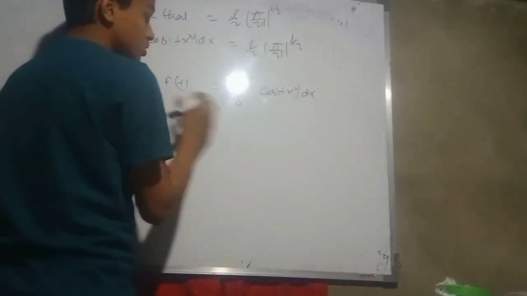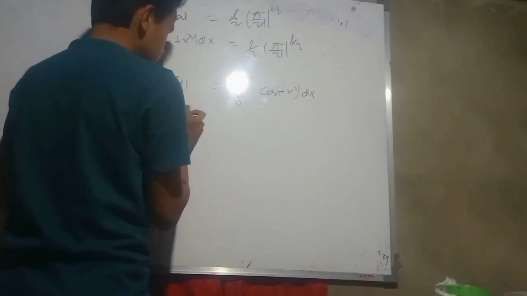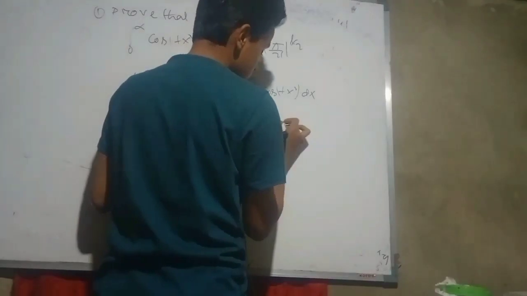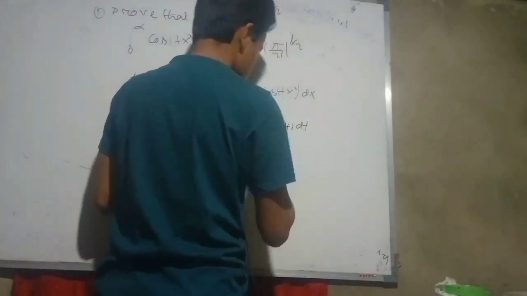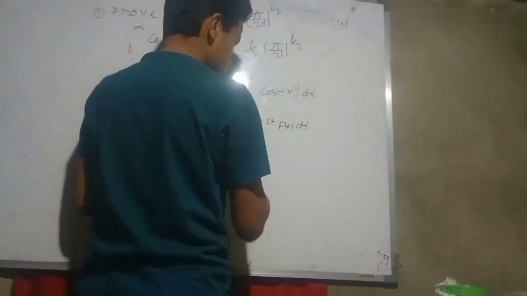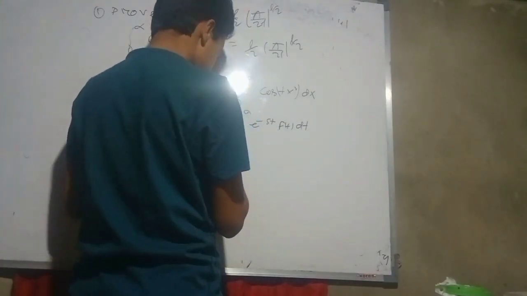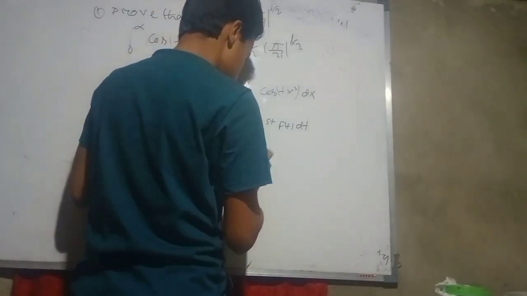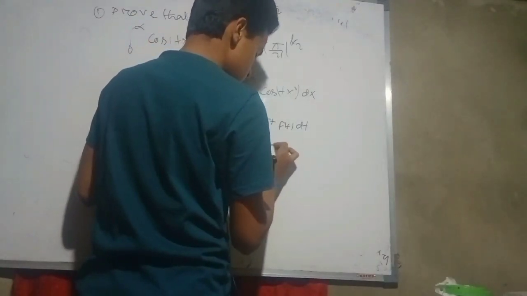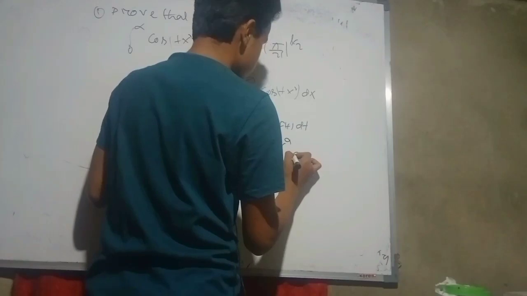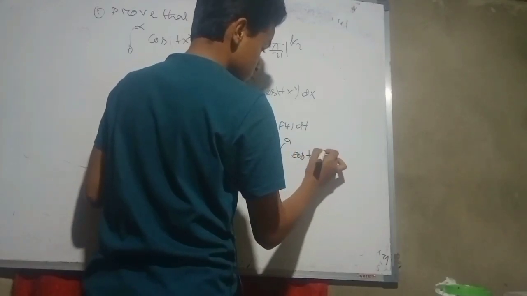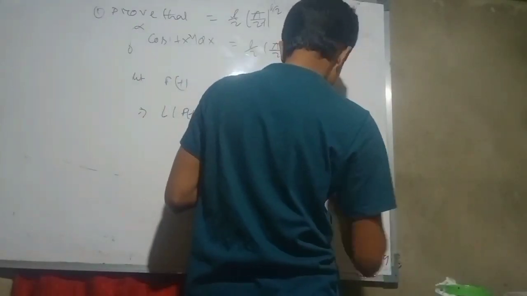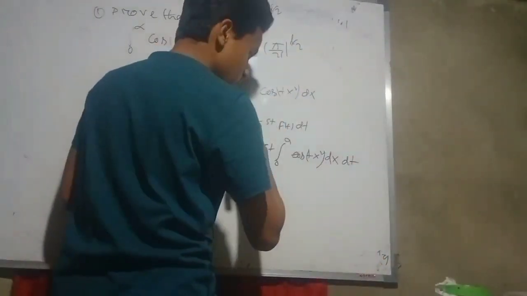Then the Laplace transform of f(t) is nothing but the integral from 0 to infinity of e to the power minus st times f(t) dt. That gives us the integral from 0 to infinity of e to the power minus st times the integral from 0 to infinity of cos(t x square) dx, dt.